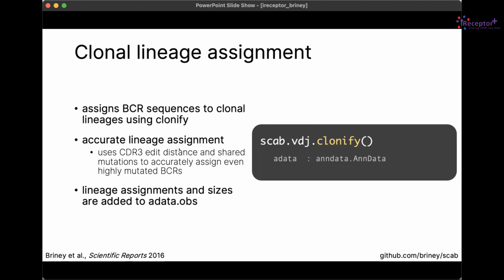Briefly, we use CDR3 edit distances and also shared somatic mutations, which allows us to assign lineages accurately, even when these lineages are fairly somatically mutated, as in HIV and some other chronic pathogens. As with most of these tools, the assignments are added to the adata.obs data frame, so this data is still all linked back together in the same package.